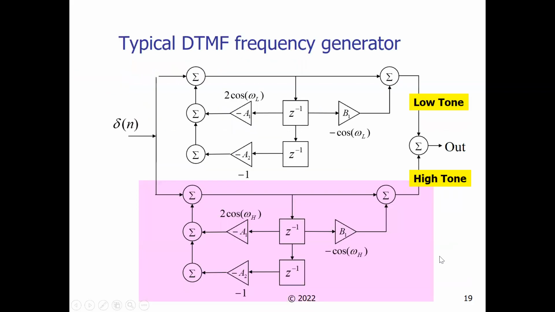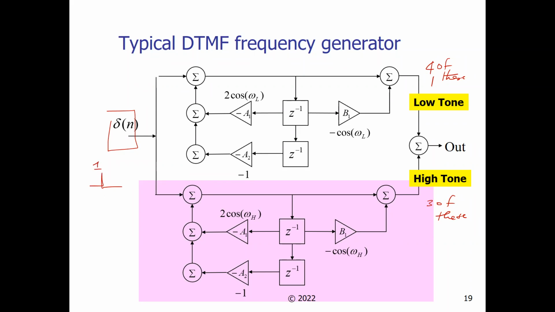For a typical note, remember we're going to mix a low tone and a high tone. We have 4 of these, and we have 3 of these. When you press the key, all the key is doing is putting in a logic 1, whatever the voltage is.